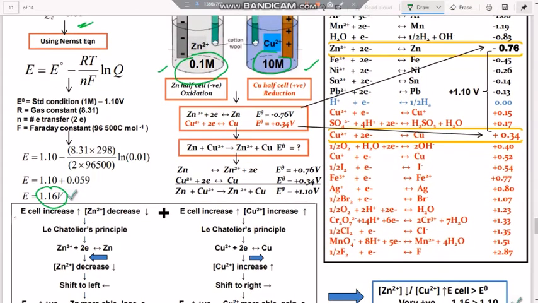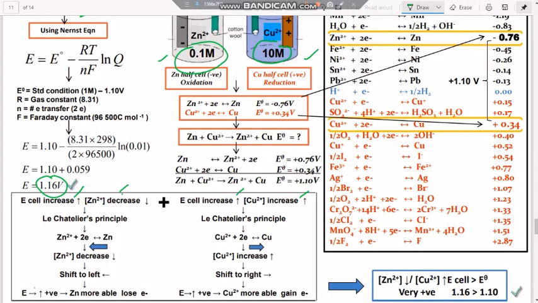The meaning of this is that E cell increases when zinc concentration decreases, and E cell increases when copper concentration increases. We decreased the zinc concentration and increased the copper concentration, so in both cases the EMF of the cell becomes more positive than the standard condition. So the value we got is 1.16 as per the calculations.